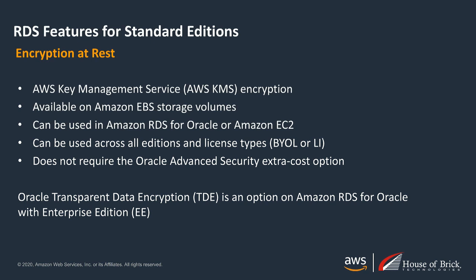So if you need full encryption at rest, we can provide that at AWS via KMS. Does not require the advanced security option, transparent data encryption, or any of the other aspects from Oracle. For customers that do like to use transparent data encryption, that is available on RDS Oracle Enterprise Edition, should you still need that.